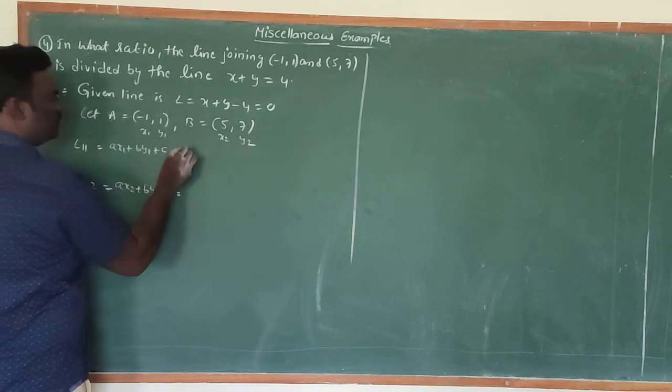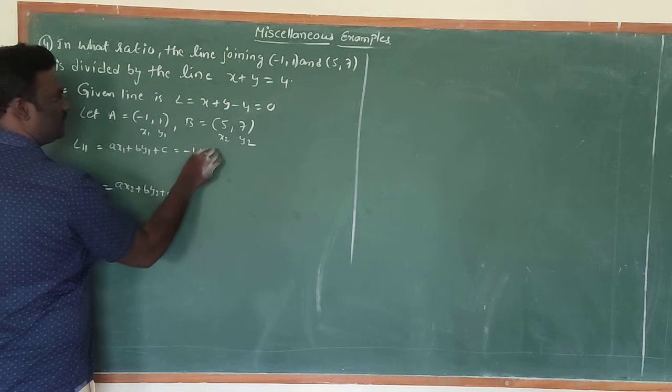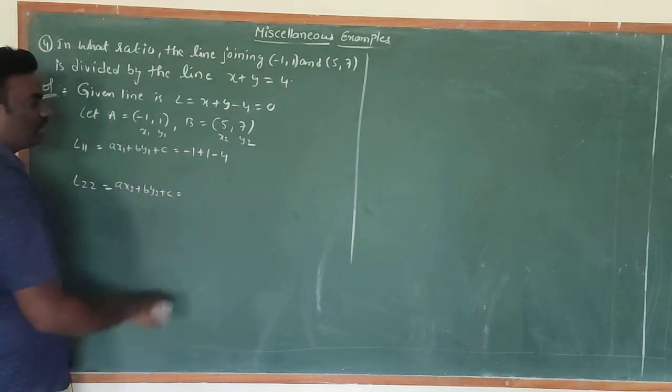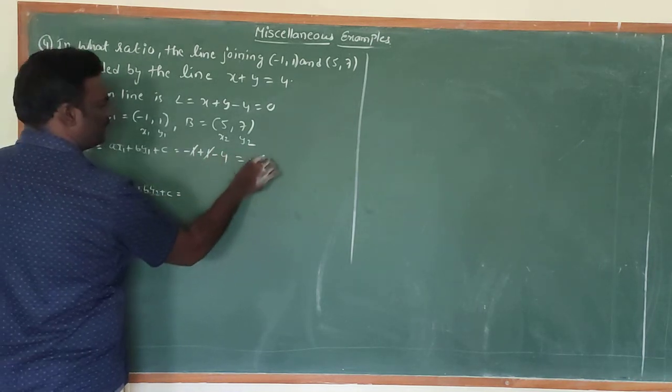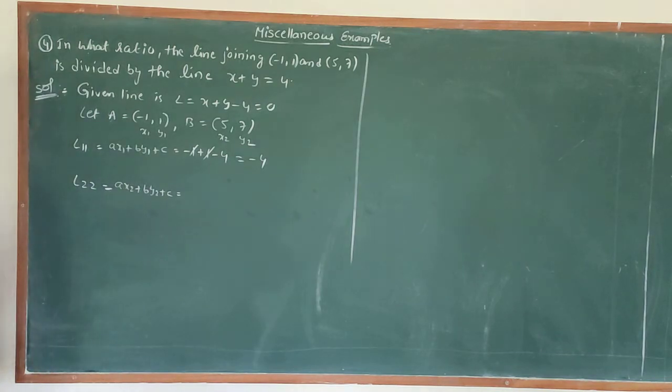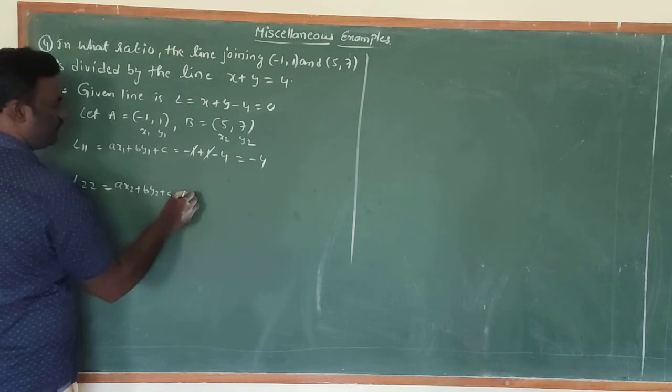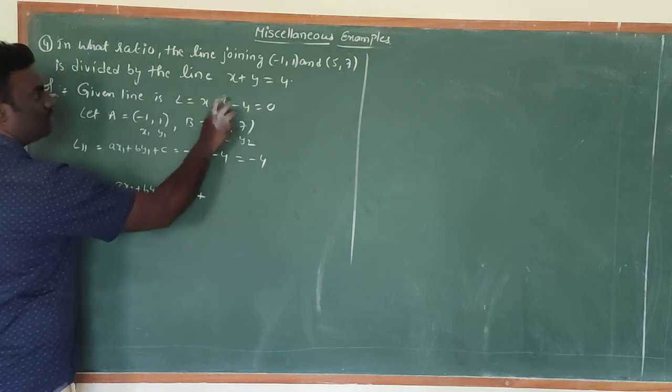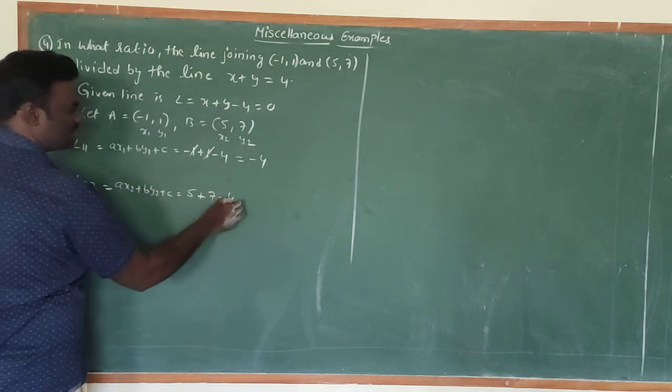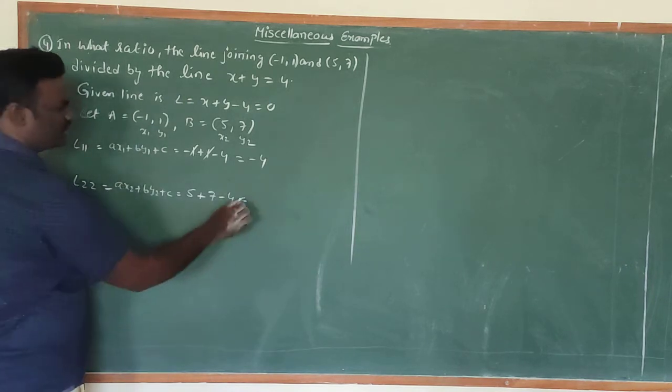A means 1, 1 into minus 1, 1 into 1, c. Now 1 and 1 get cancelled, minus 4. Now L22 means ax2 plus by2 plus c, a means 1, 1 into 5, 5, b also 1, 1 into 7, 7 minus 4, 12 minus 4, 8.